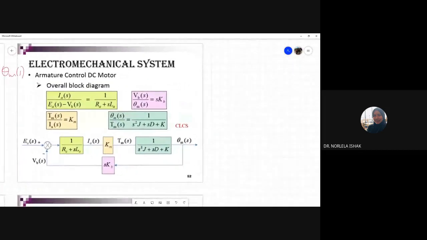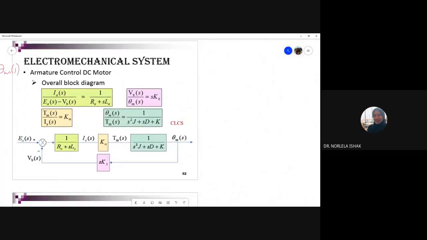From the 4 equations, let's say madam writes this as number 1. Which one was number 2 just now? This is number 2, this is number 3, and this is number 4.